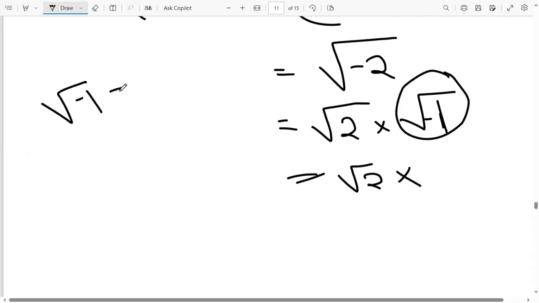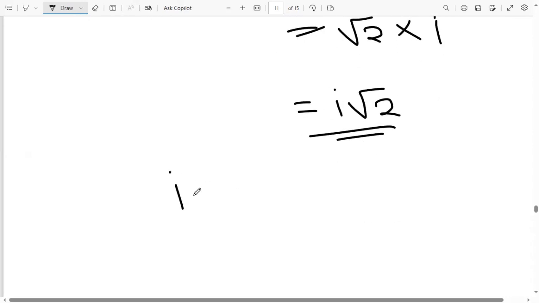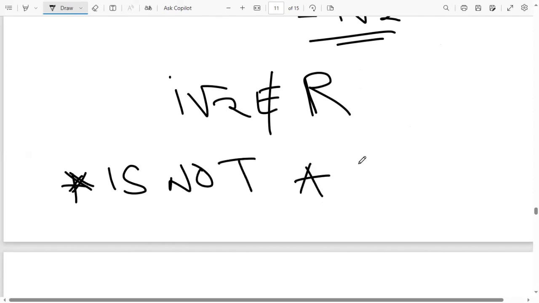The square root of -1 is equal to i. So this is the same as i times the square root of 2. And we see that i times the square root of 2 is not a real number, because it's a complex number. Therefore, this star here is not a binary operation.